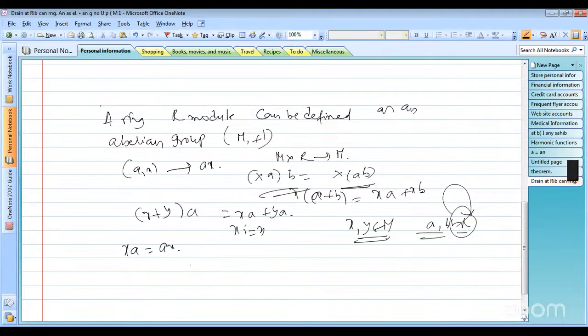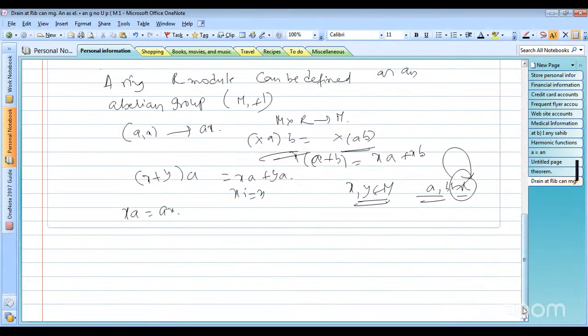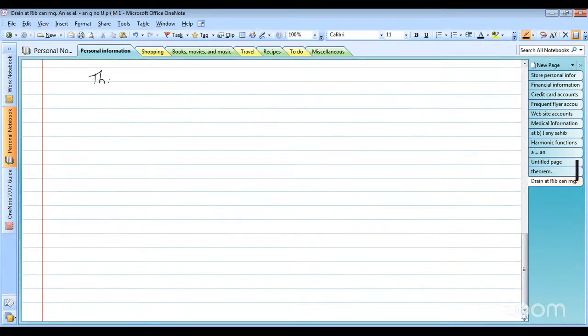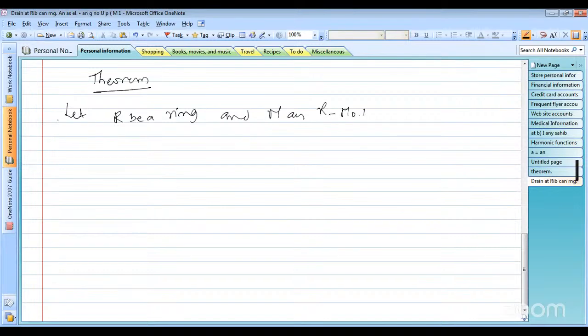Now we take one theorem here: let R be a ring and M an R-module. Then the following hold for any x, y belonging to M and a, b belonging to R.